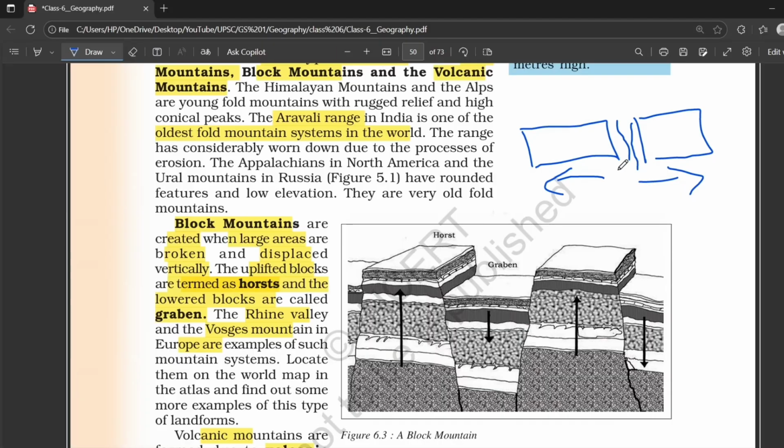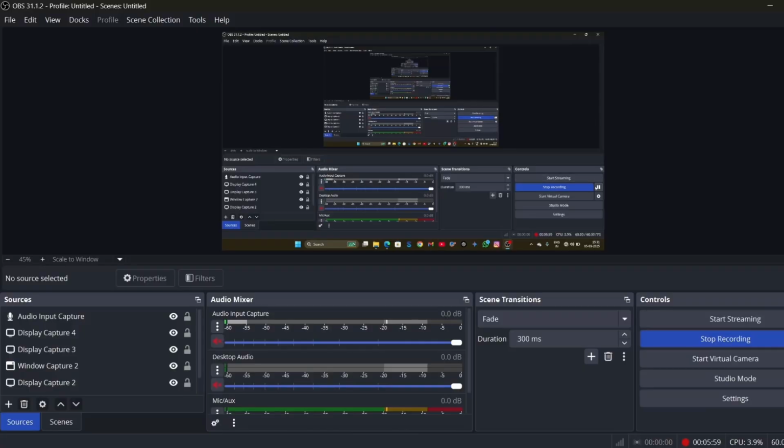Along these faults, some blocks move upward and some blocks move downward. Look at here. The upward blocks we call horst and the downward blocks we call graben. This mainly takes place in divergent boundaries, but it can also happen on land where faulting occurs. For example, the Vindhya and Satpura ranges in India and the Rhine Valley in Europe.